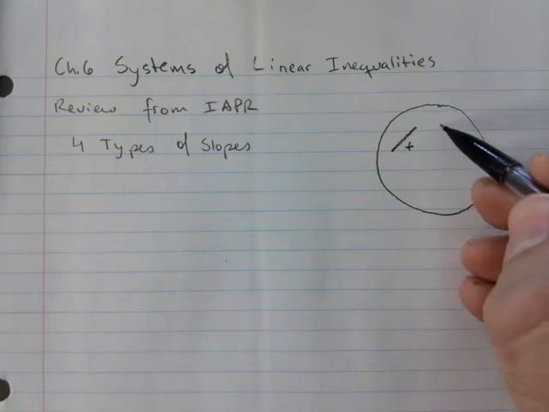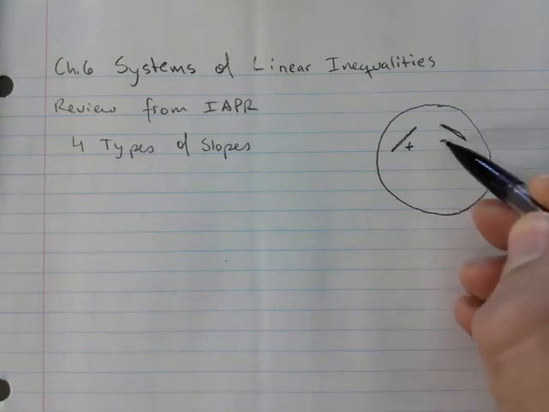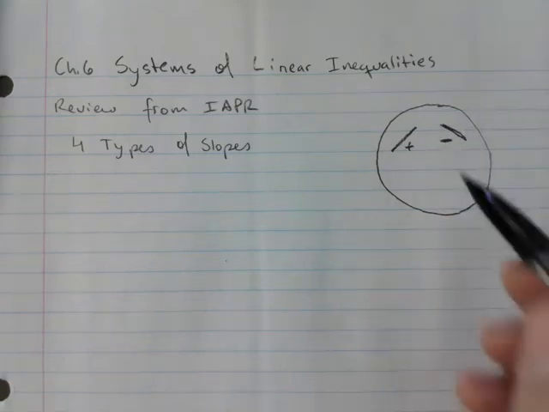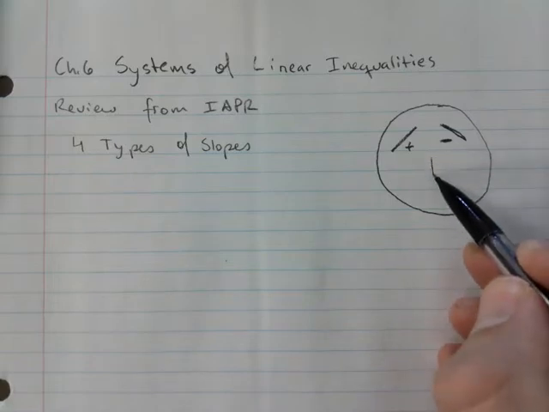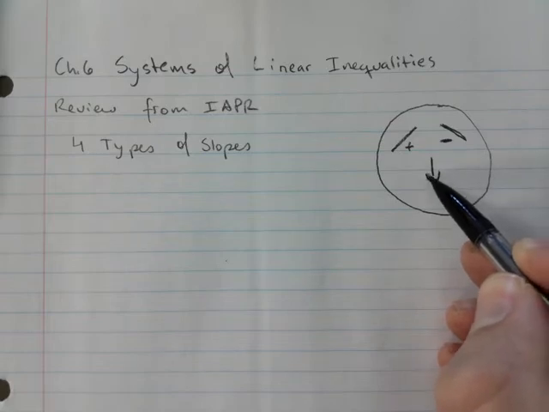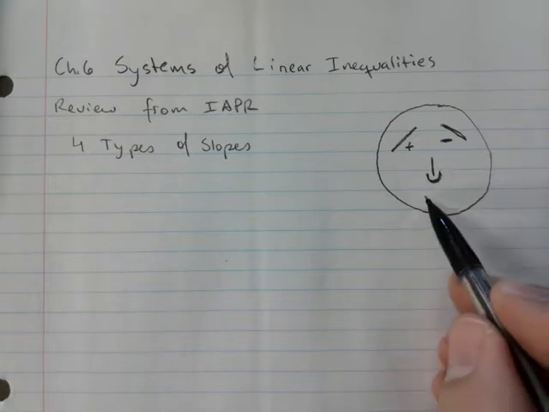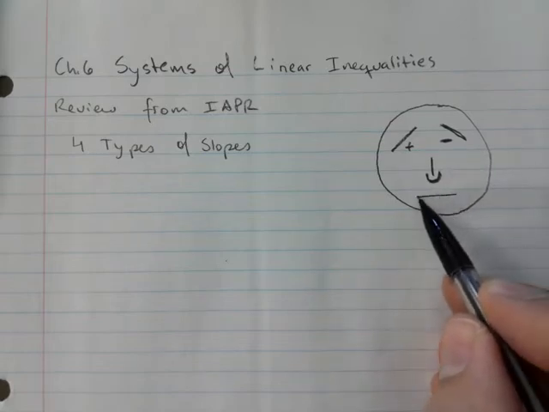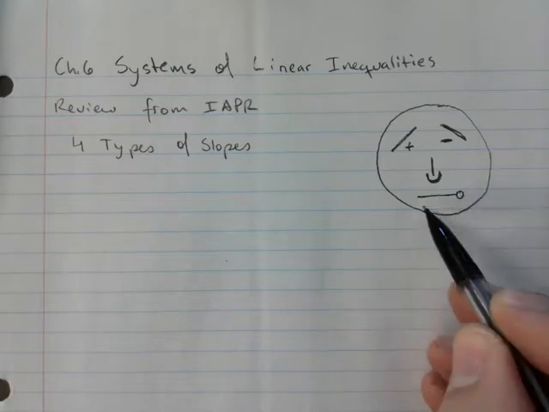It'll be positive. If the line is going down, you'll have a negative slope. If the line is going vertically, you have an undefined slope. And if the line goes horizontal, it's a 0 slope.